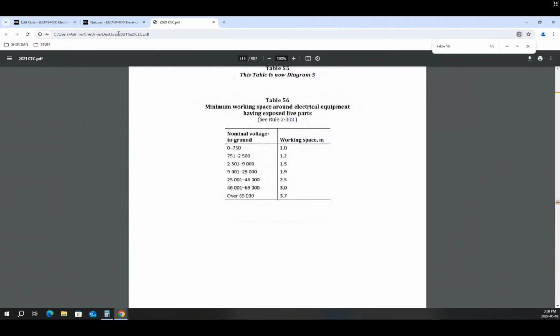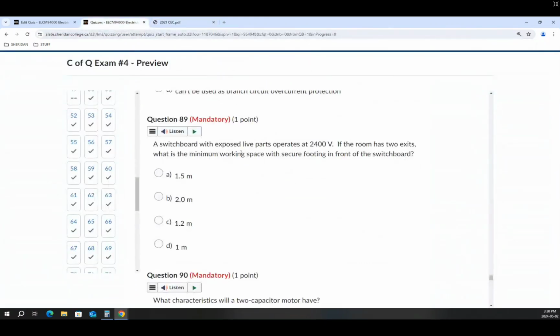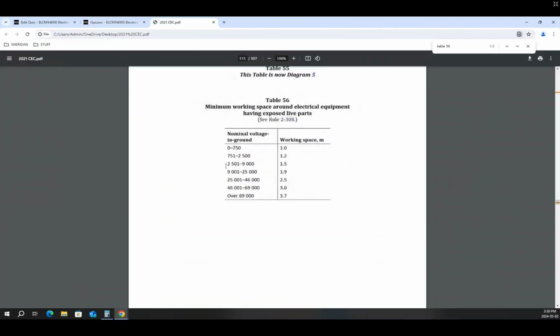Minimum working space around electrical equipment, exposed live parts. A lot of this is stuff that doesn't really matter. What we should have just been focusing on, switchboard exposed live parts, 2400 volts. And that will be 1.2 meters. Right in there, the second one.